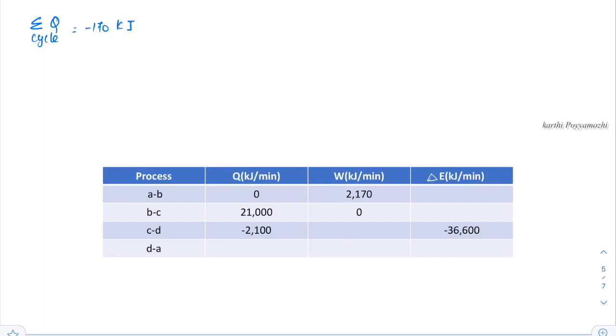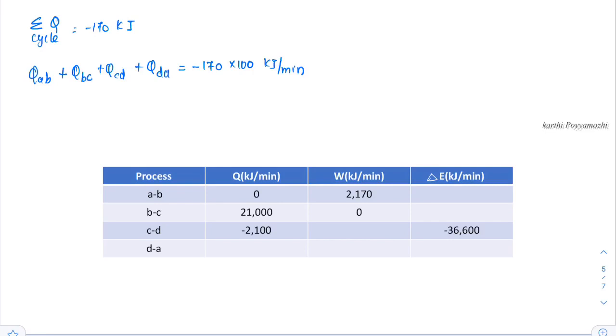The system completes 100 cycles per minute, and this can be elaborated as Q of AB plus Q of BC plus Q of CD plus Q of DA, which is equal to minus 170 into 100. Since the system completes 100 cycles per minute, we are multiplying by 100, and this will be in kilojoules per minute.